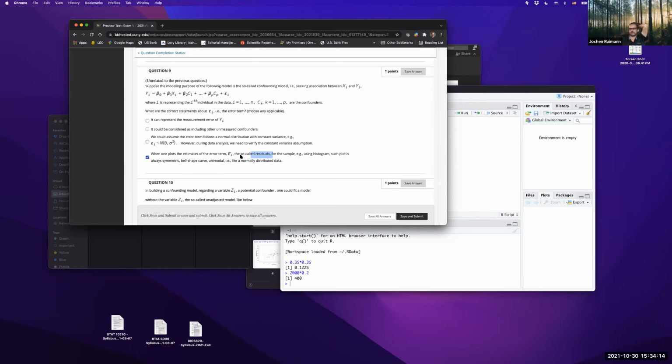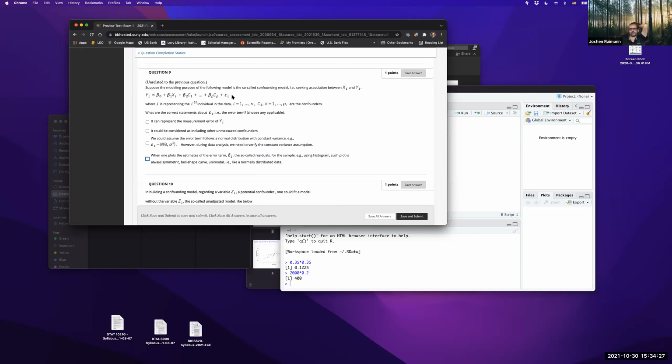But the residuals are the difference between the prediction and the actual data. That is not synonymous with the error per se.